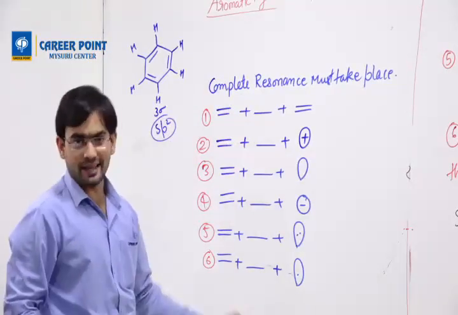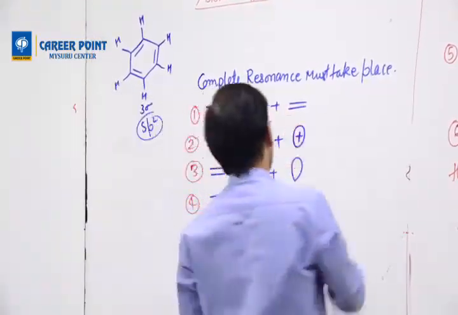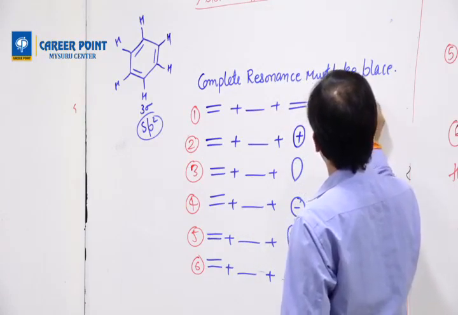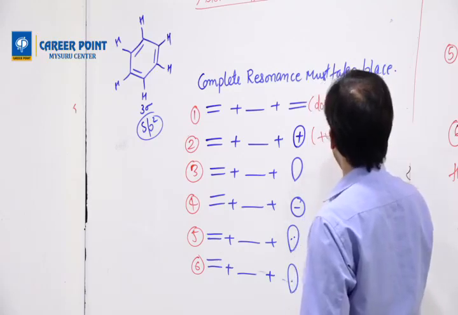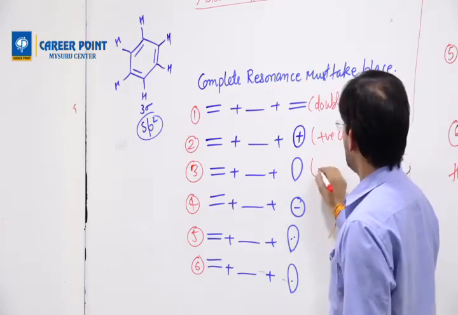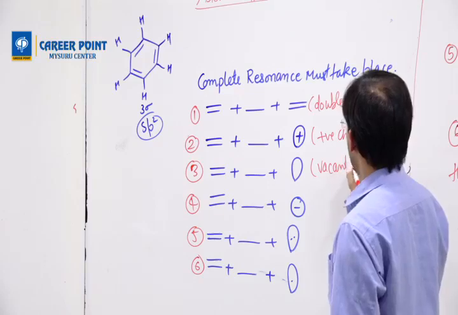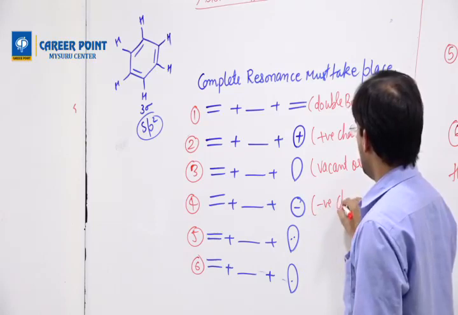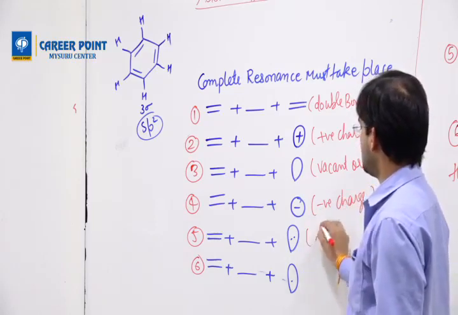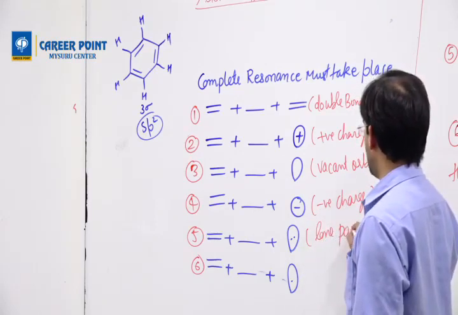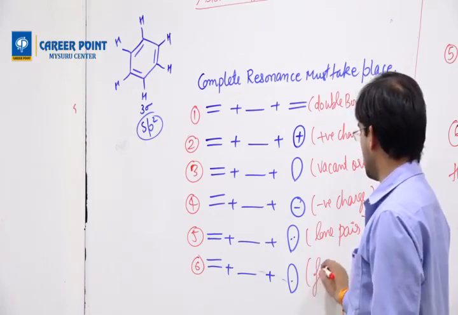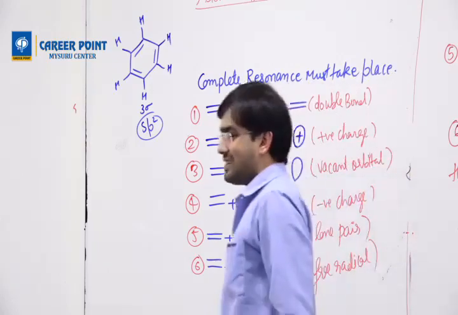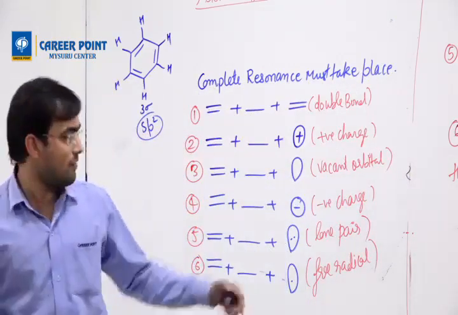So these are the cases: double bond, single bond, and then positive charge, vacant orbital, negative charge, lone pair, or free radical.